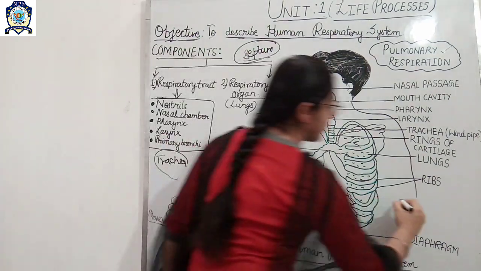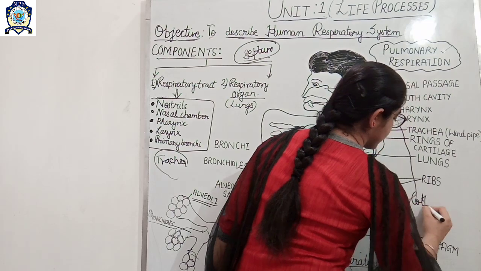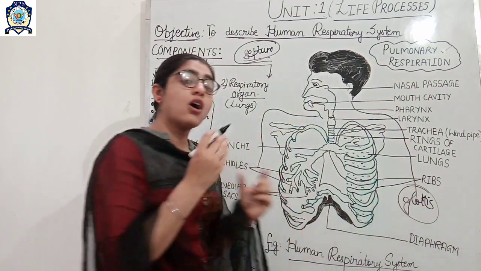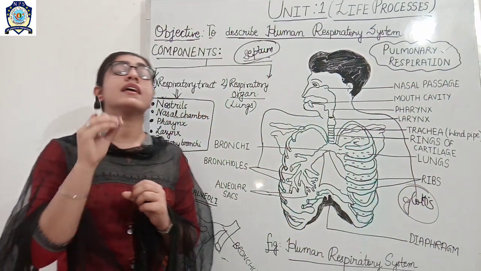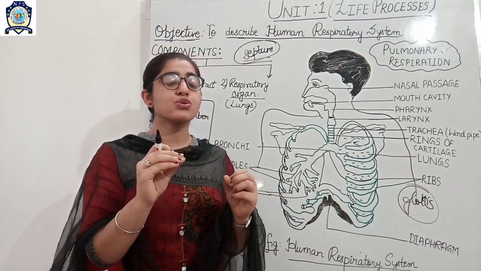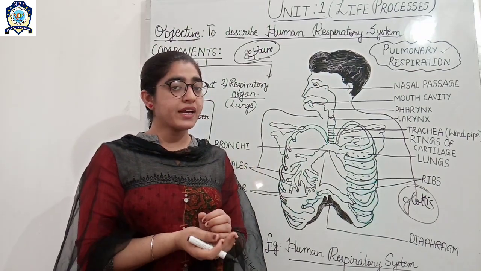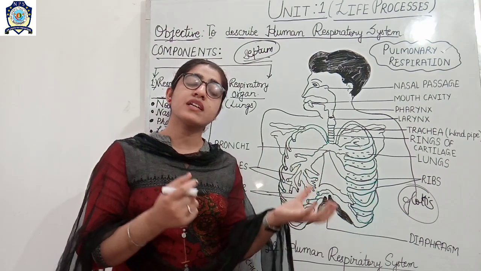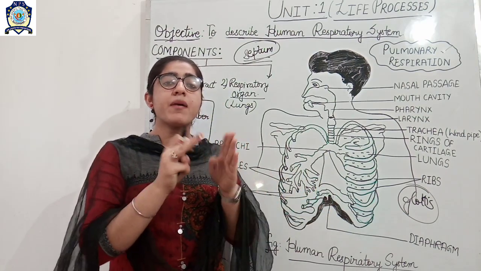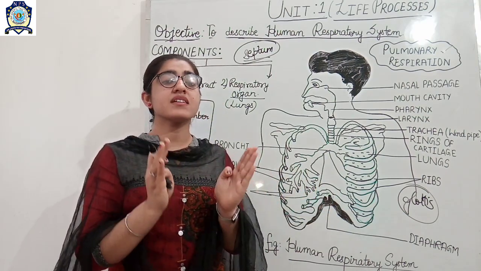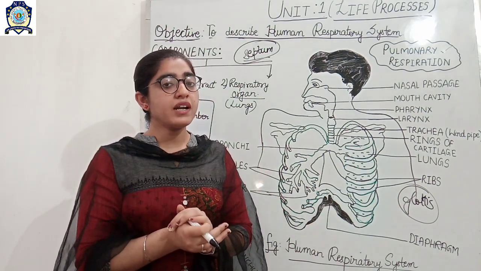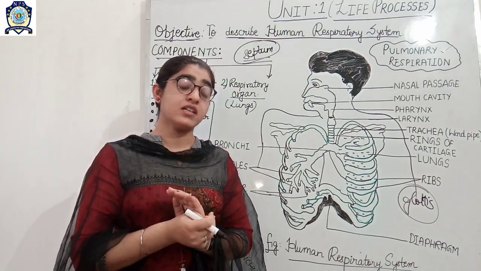So here I am using the word glottis. What is glottis? The opening of the trachea into the pharynx. Okay, and this glottis is guarded by a cartilaginous flap, which is called the epiglottis.